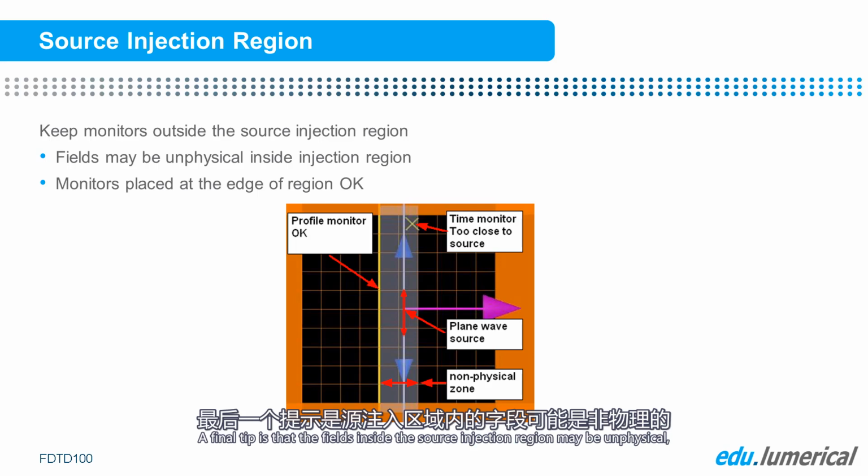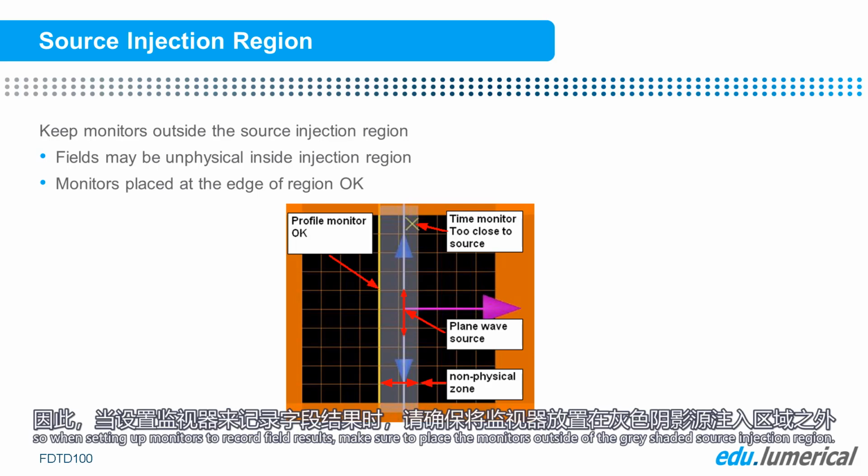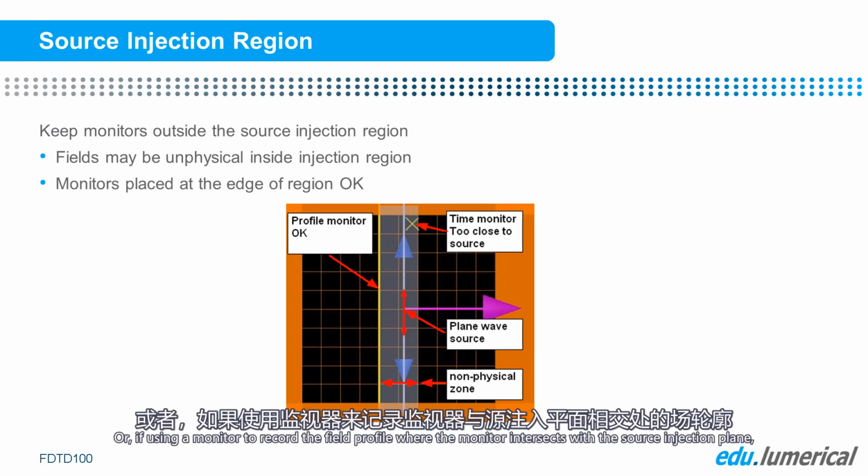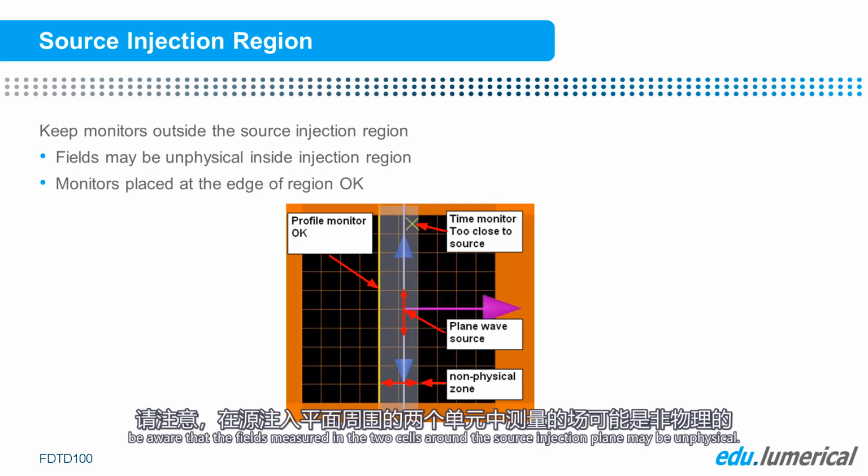A final tip is that the fields inside the source injection region may be unphysical, so when setting up monitors to record the field results, make sure to place the monitors outside of the gray shaded source injection region. Or, if using a monitor to record the field profile where the monitor intersects with the source injection plane, be aware that the fields measured in the two cells around the source injection plane may be unphysical.